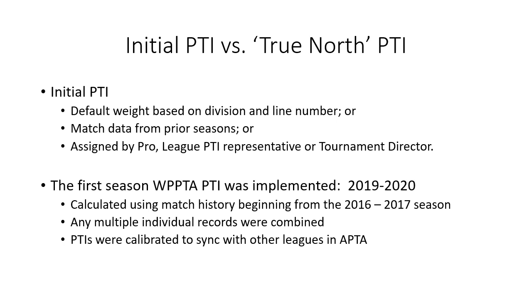If individuals had multiple records, these were merged into the PTI algorithm database. Since the WPPTA has used paddle scores for many years, the initial PTI default ratings were based on a 3-year match history dating back to the 2016-17 season.